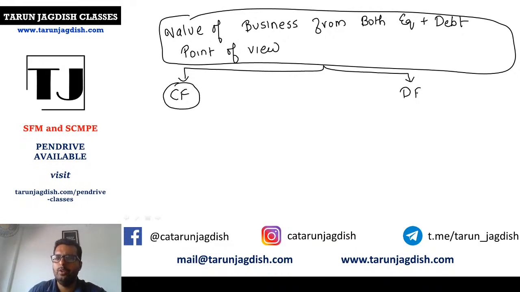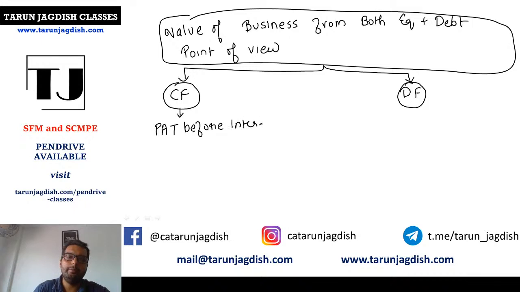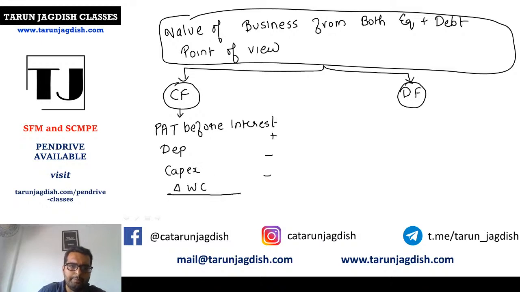One is cash flow and the other one is discount factor. For cash flow, we have already learnt a formula, friends. Here the cash flow will be profit after tax but before interest. Why before interest? Because we are thinking from both equity and debt holders point of view. Plus depreciation minus capex minus additional working capital will give you free cash flow.